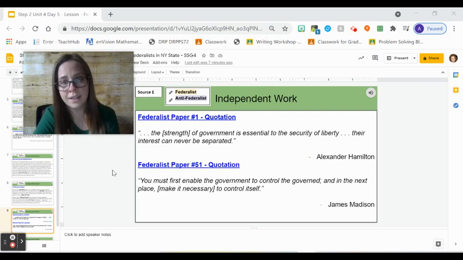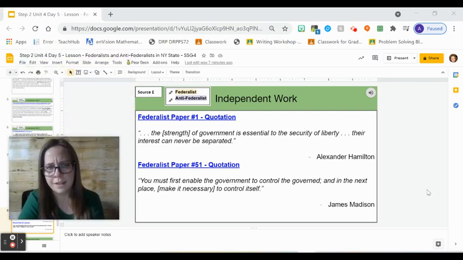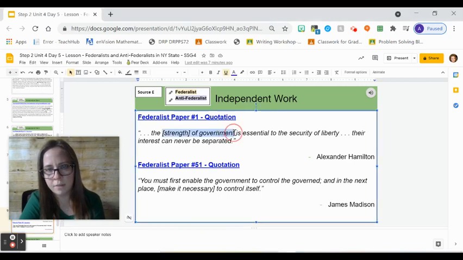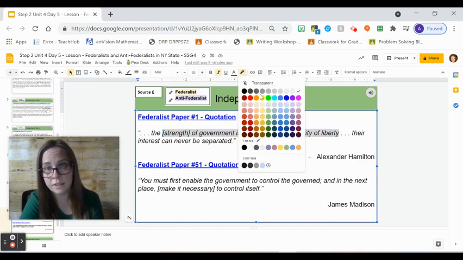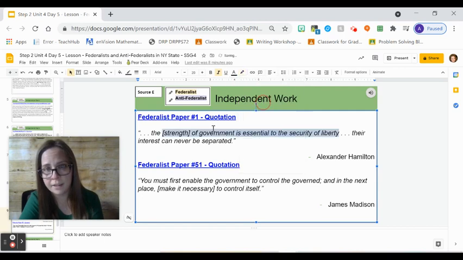Their interest can never be separated. So he's saying that the strength of the government is essential to being free. So I think that's really Federalist. So I'm going up to that highlight button, and I'm going to highlight that information. I'm putting it in yellow.